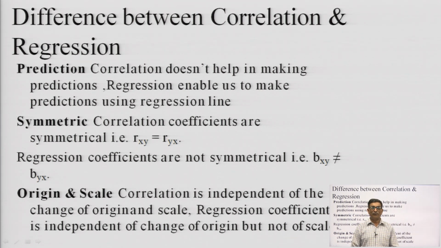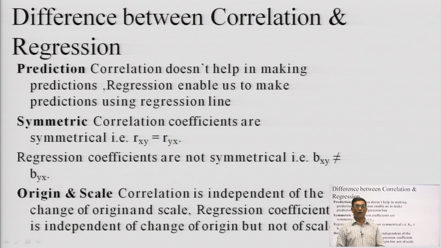That is, the regression coefficient b xy, the regression coefficient of x on y, is not equal to b yx, the regression coefficient of y on x. So, in terms of symmetry, correlation coefficients are symmetrical, while regression coefficients are not symmetrical.